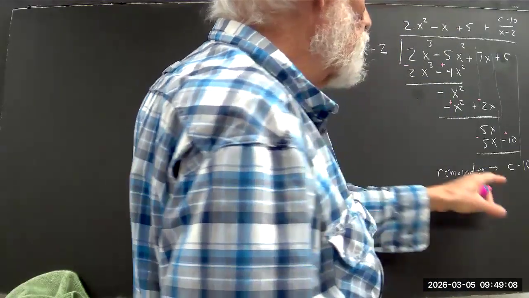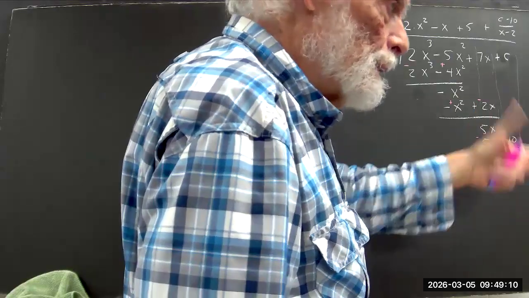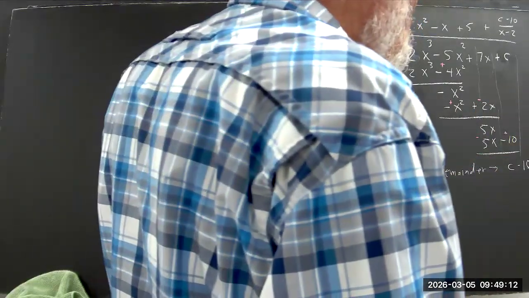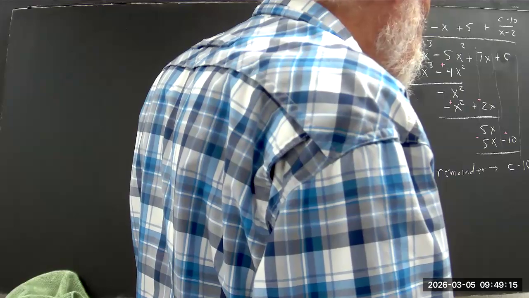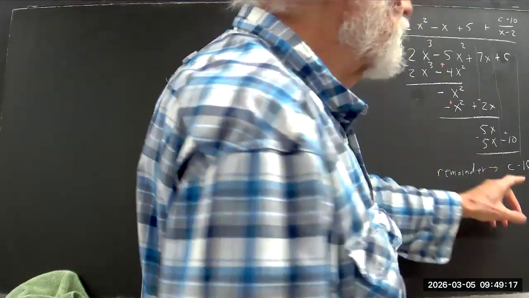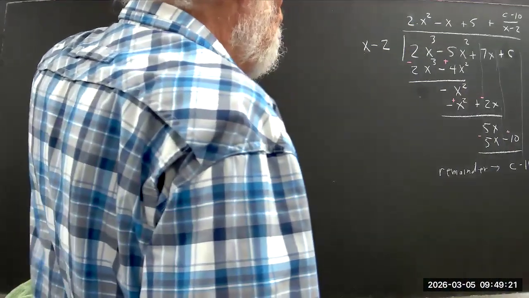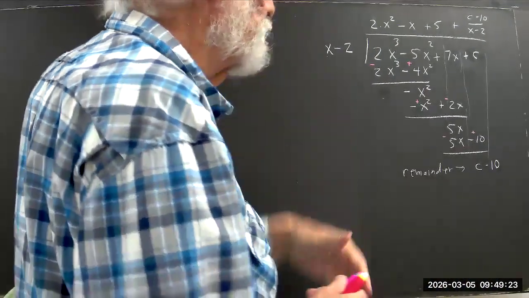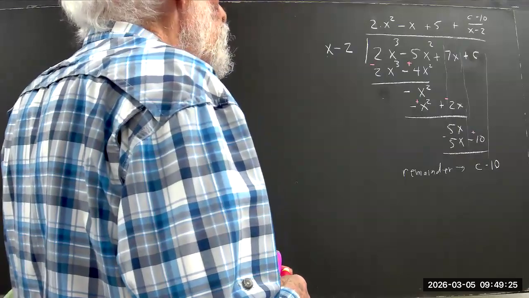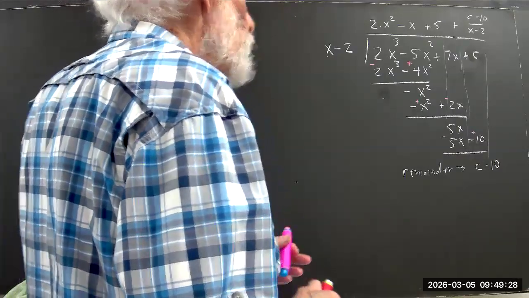So we don't divide the x into the c because x is a variable, c is a fixed number, a constant.